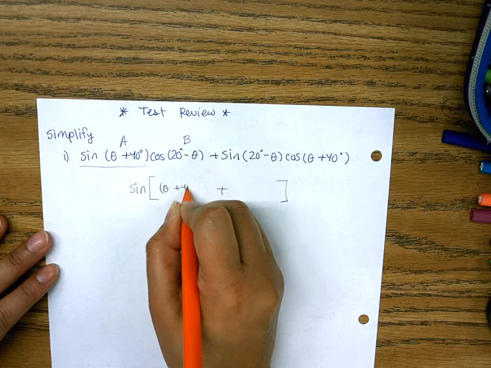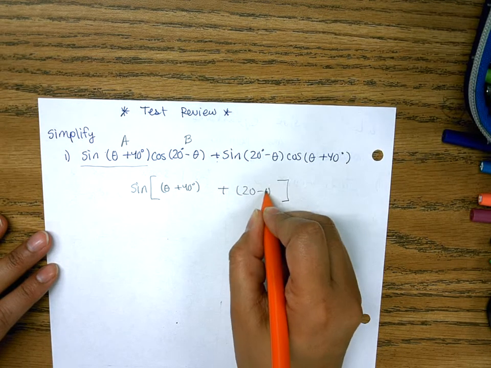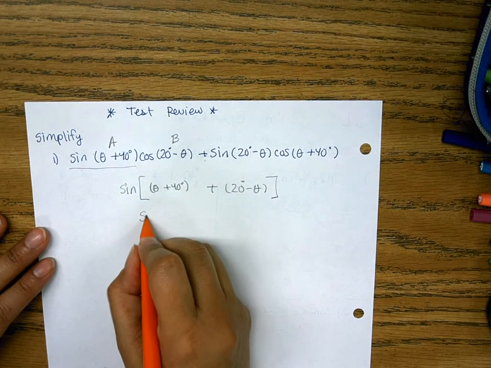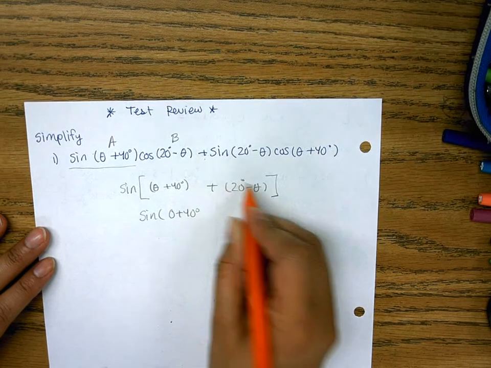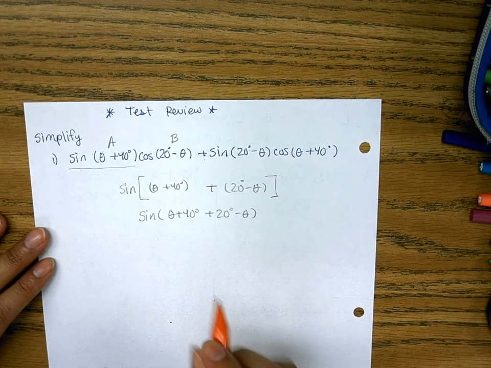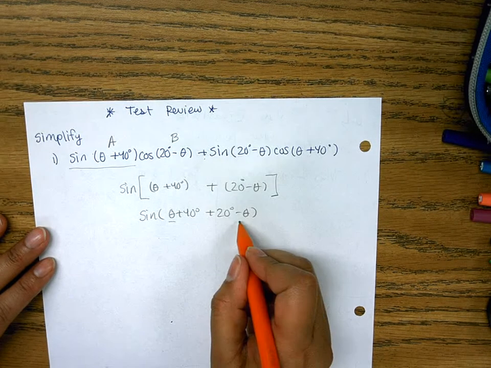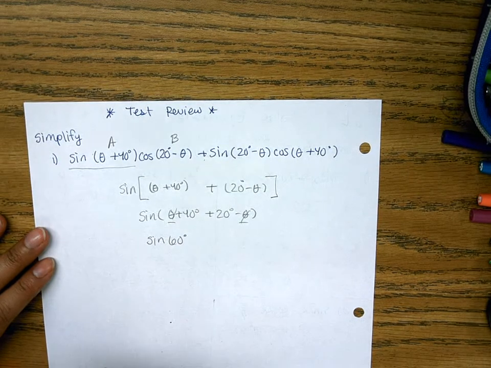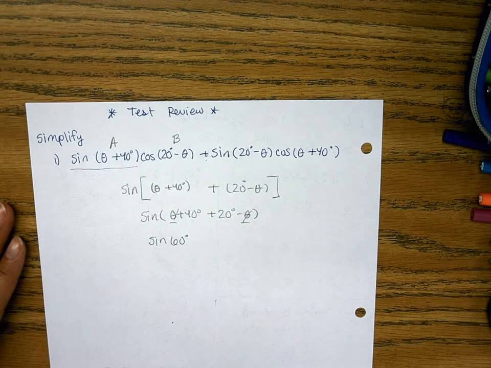Sine of A being theta plus 40, plus B, where B is 20 minus theta. So I have sine of theta plus 40, no negative to distribute, so plus 20 minus theta. My thetas end up crossing out, theta, negative theta, leaving me with sine of 60.